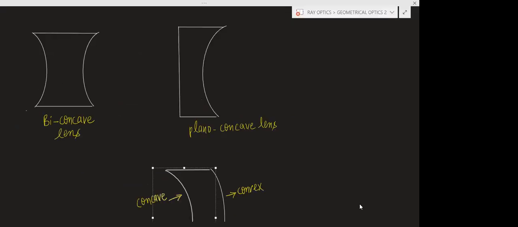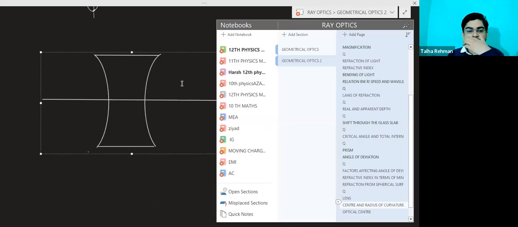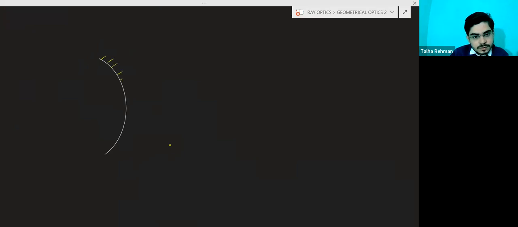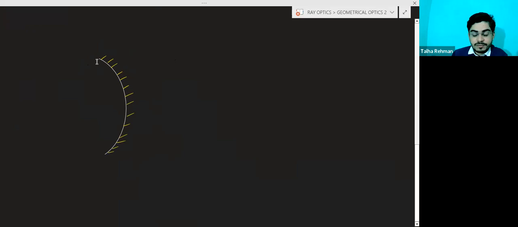Now we will discuss the center of curvature and the radius of curvature of lenses. Suppose I am polishing this. What will it become? It will become a mirror. And what type of mirror is this? Concave mirror.